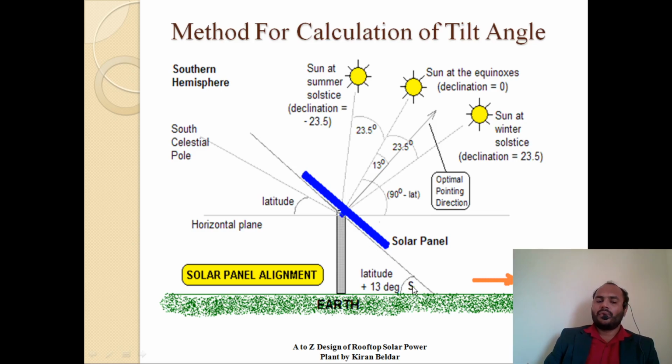For summer, we simply take latitude minus 13 degrees, or more accurately 15 degrees. So you can add 13 or 15 degrees to the latitude in winter by considering the error factor, and subtract 13 or 15 degrees in summer by considering the error factor.